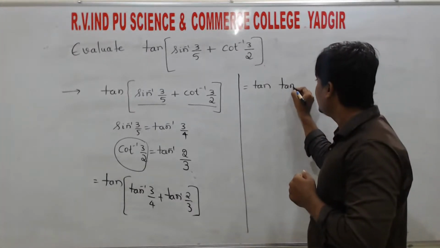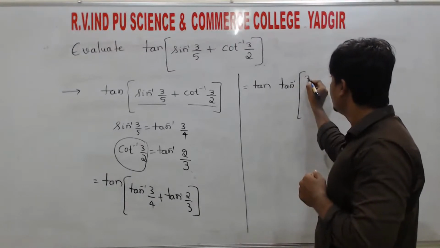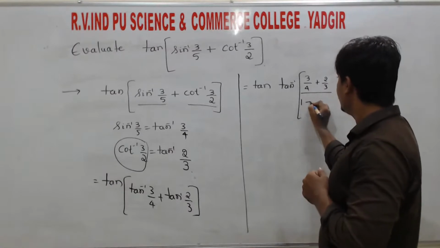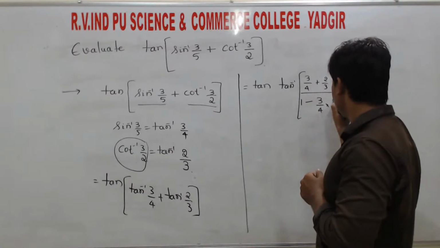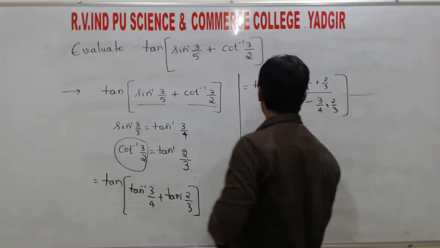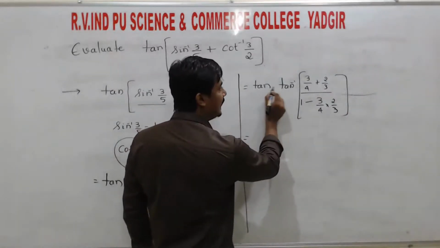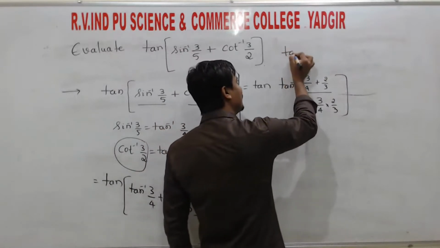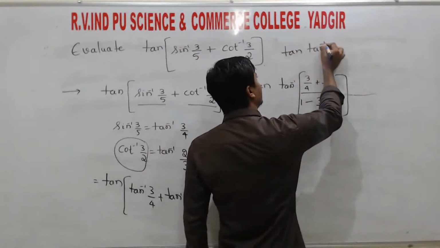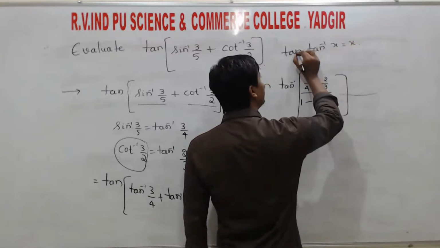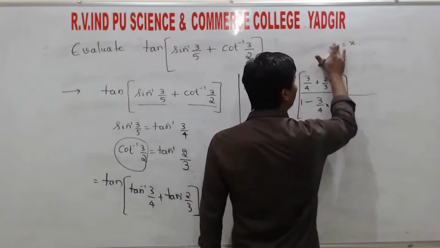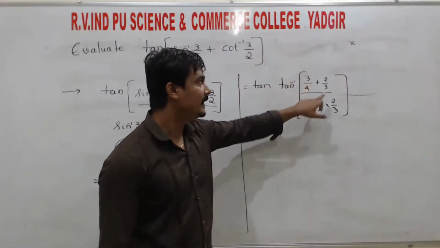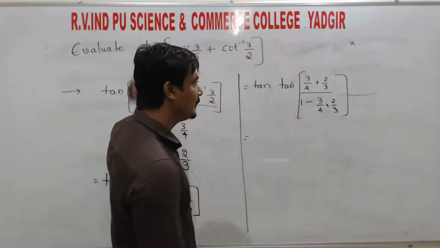It is tan inverse of x plus y divided by 1 minus x into y. So tan of tan inverse x is just x. We know this property. How do we remember? Function and inverse function cancel out, and we get only x as the value. So tan and tan inverse will go. Now I only need to write down the term present inside the square bracket.